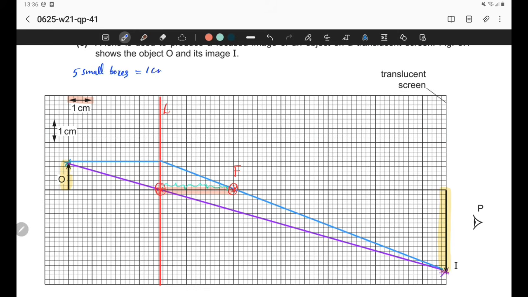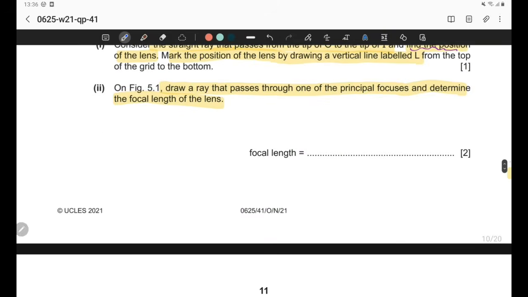When we measure the length of the principal focus, we can see there are 15 such small boxes. So it must be 15 divided by 5, so we will get 3. So 3 centimeter is the focal length, the distance between these 2 points. So we can write the focal length is 3 centimeter.